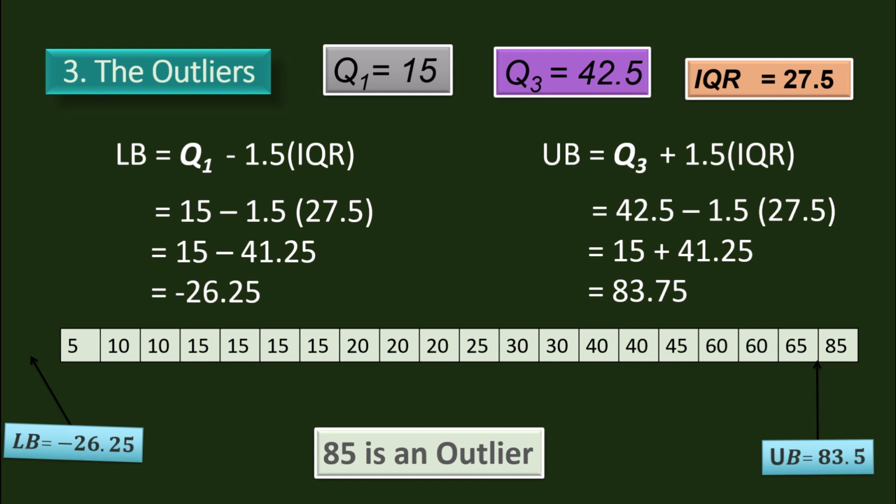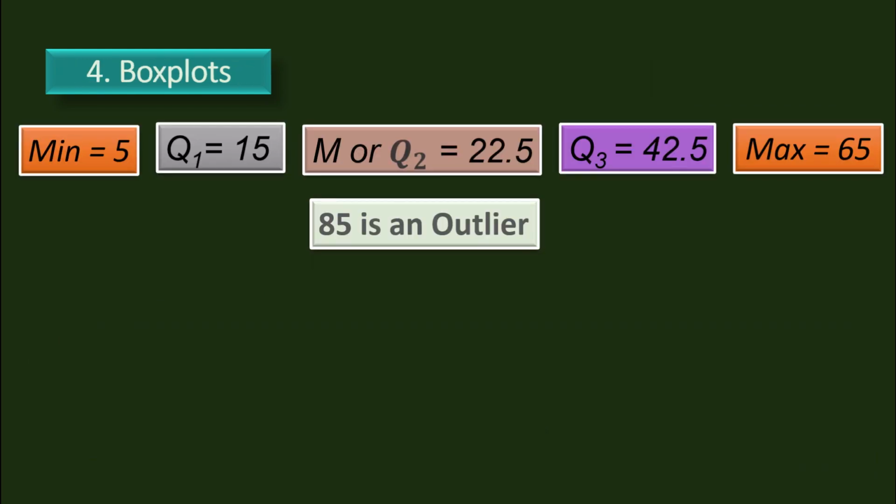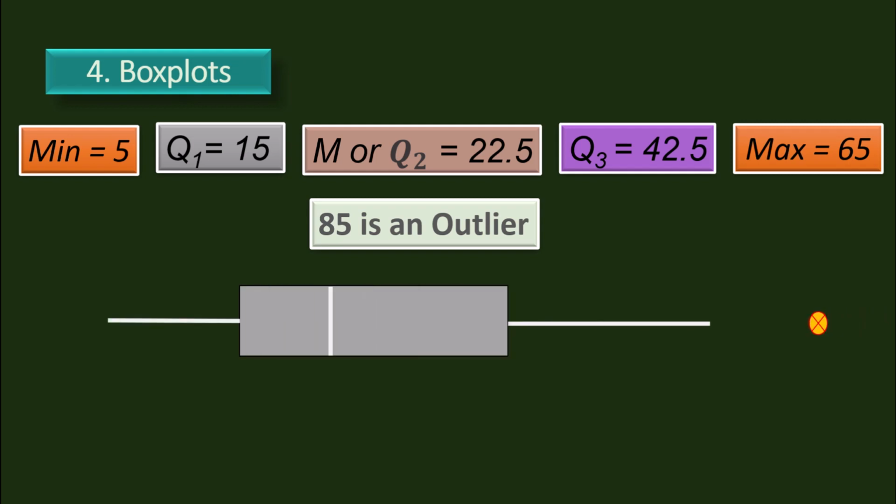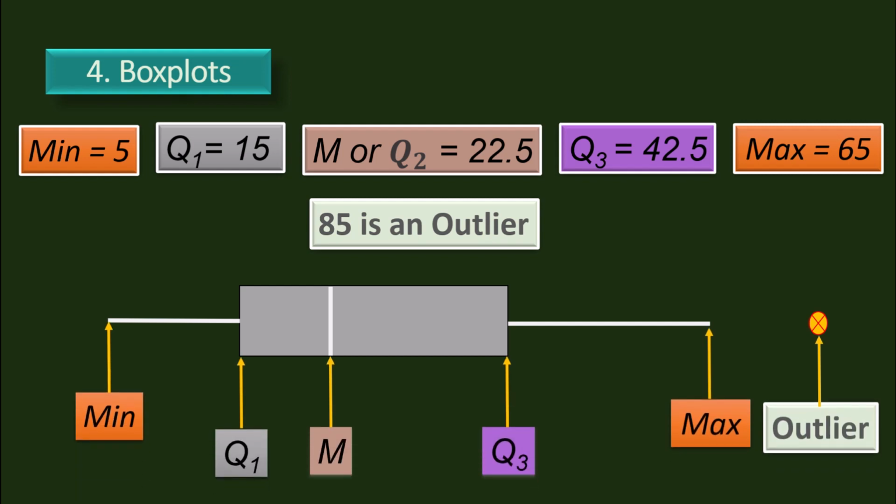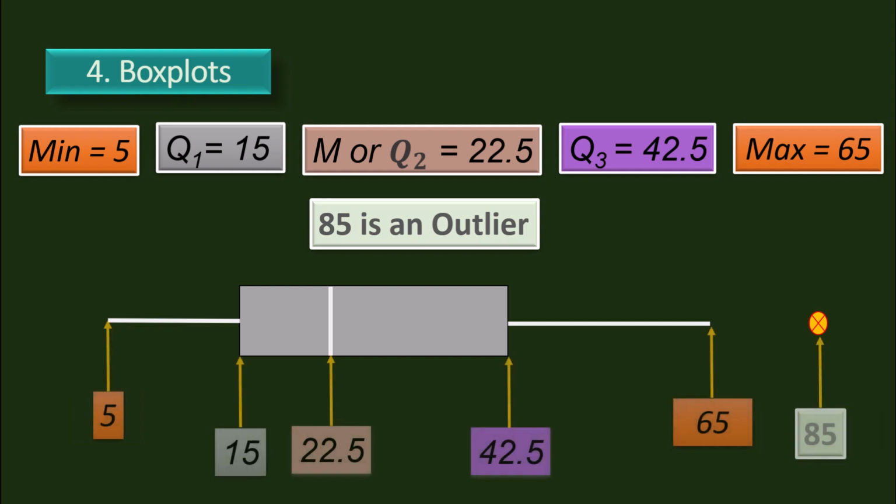That means we take the outlier off the data set. Once we remove 85, the maximum is 65. Therefore, we change our maximum to 65. Now we know the minimum, maximum, and Q1, Q2, Q3. Therefore, we can draw the box plot according to our numbers. We have only one outlier, so you can draw the box plot like this. So this is the box plot for this example.